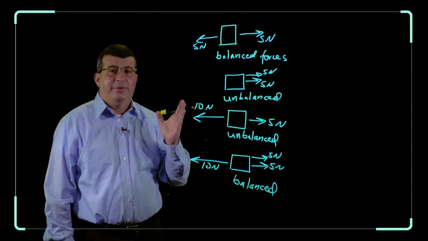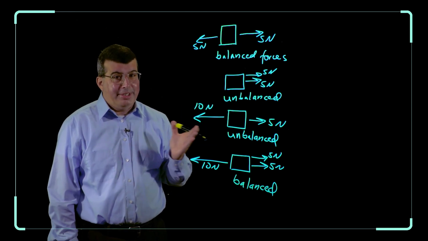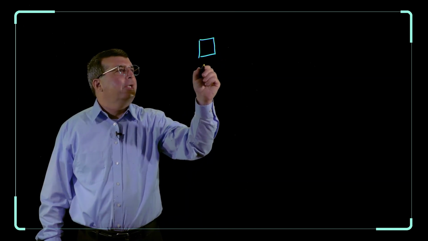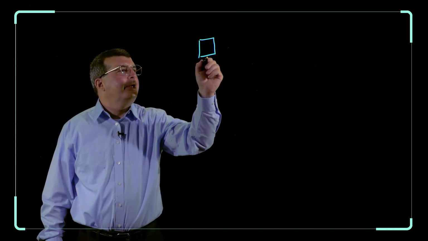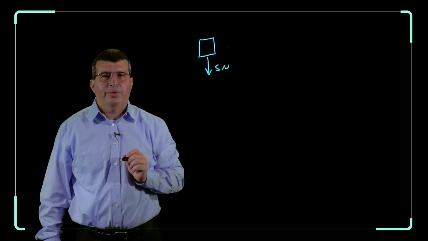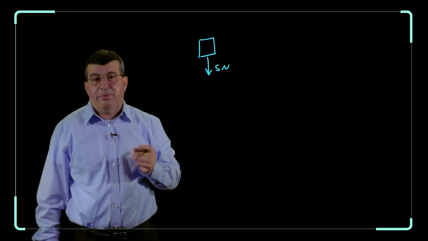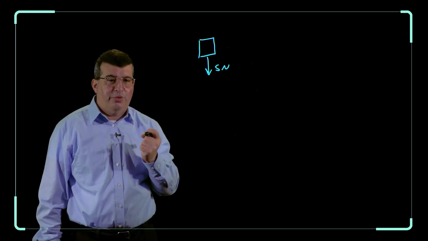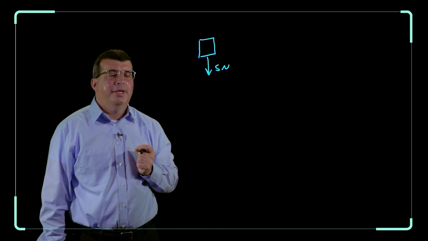Okay, now that's right and left. We can do the same thing up and down. If I have an object and I have a 5 Newton force downwards, such as, for example, the pin in my hand earlier, that could represent the gravitational force pulling down on the pin.